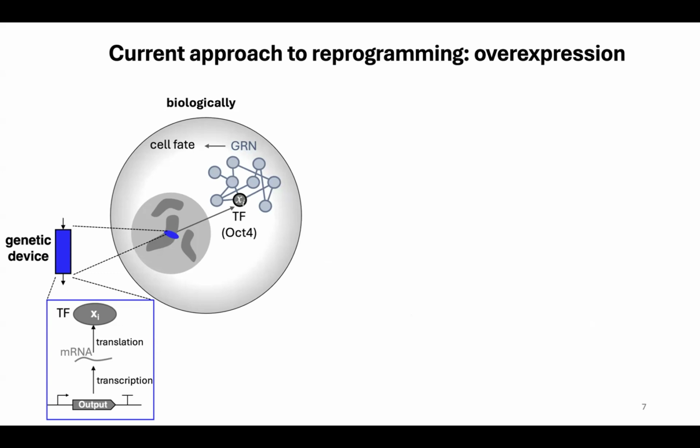So you encode the gene that you want to express at high levels into some synthetic DNA that I will refer to as a genetic device moving on. And then you deliver it to the cell such that it becomes chromosomally integrated. There are many ways to do that. Lentiviruses are one way to do that.